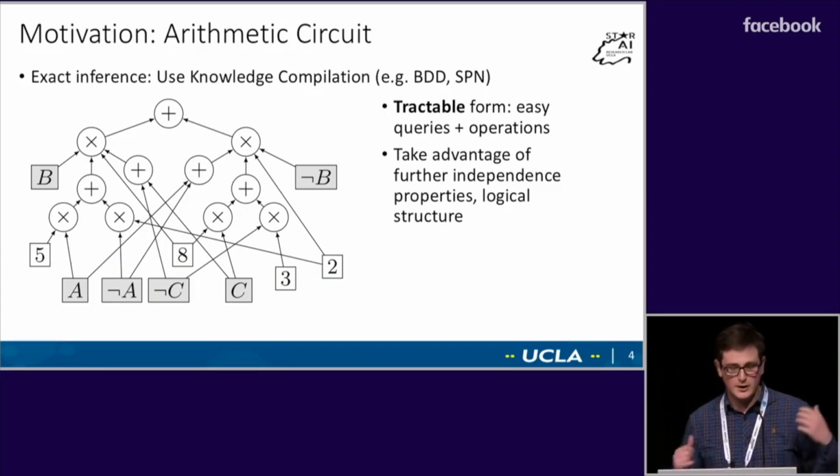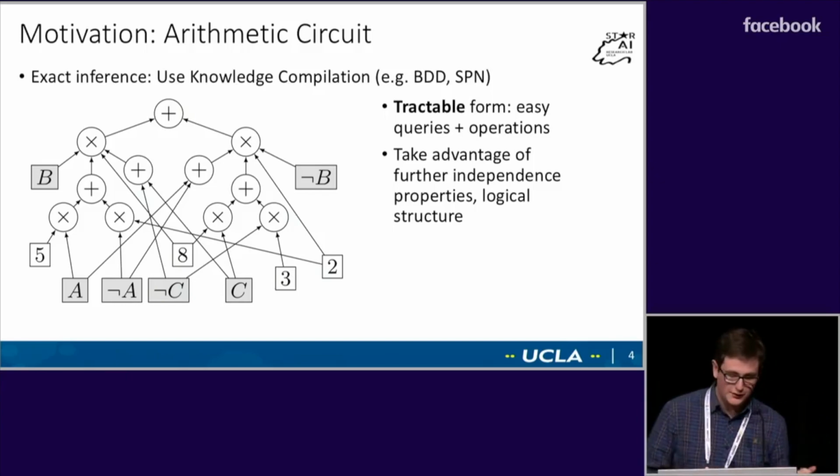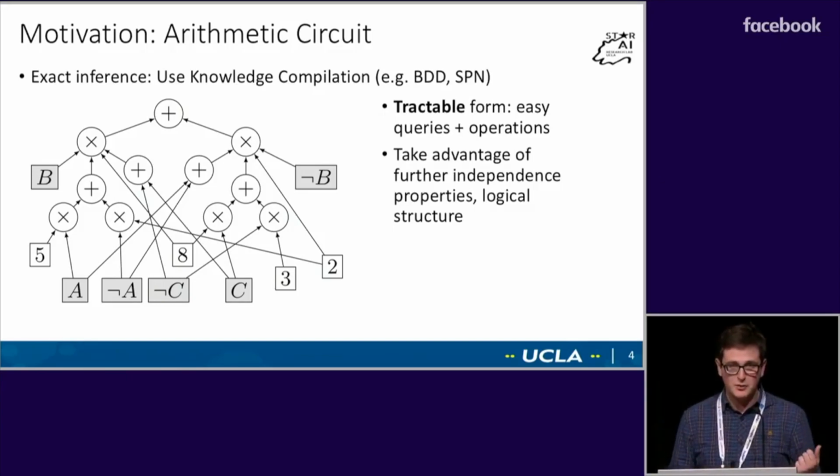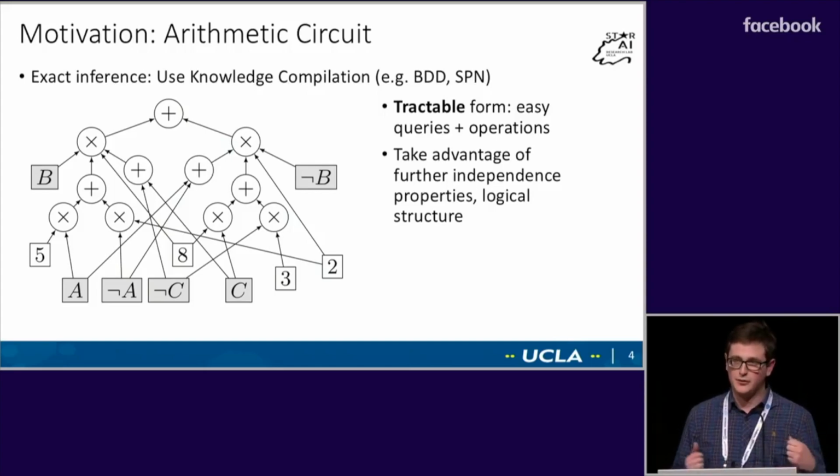So this marginal and a whole bunch of other queries and manipulation operations, we get them for free. And these circuits also have some nice properties where when we're building them, we compact them by taking advantage of more subtle independence properties and logical structure if it exists.